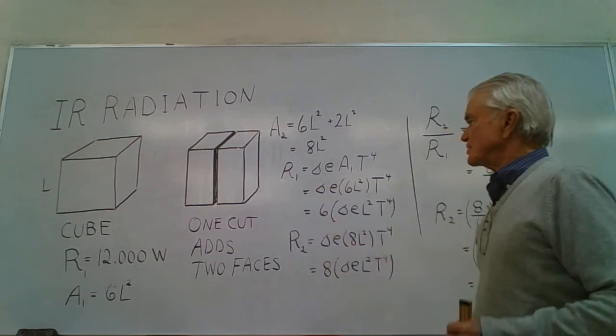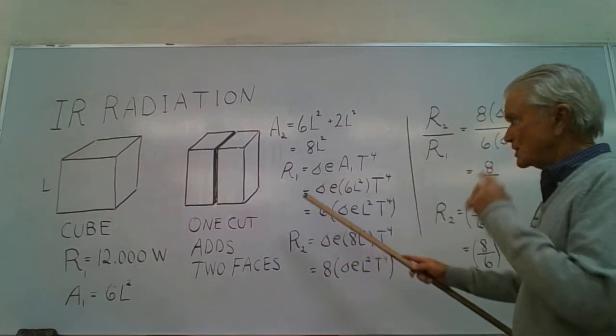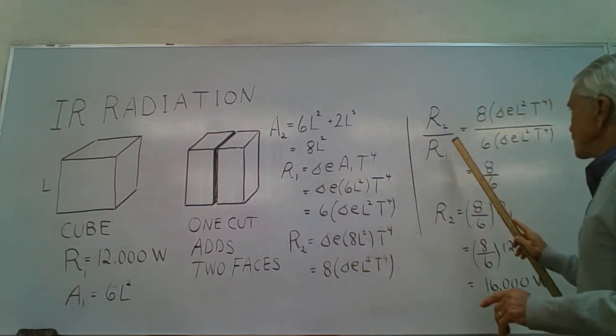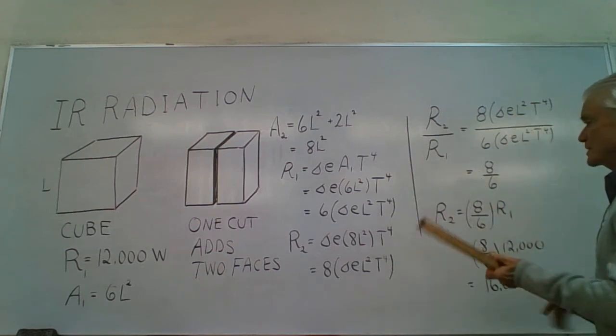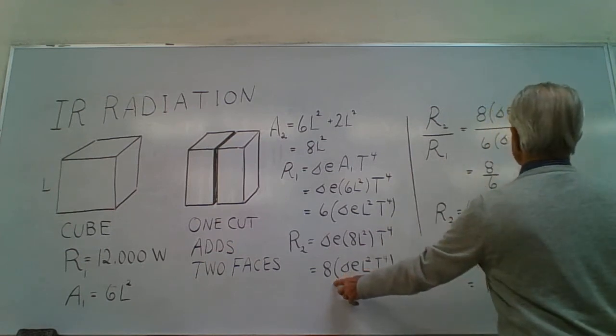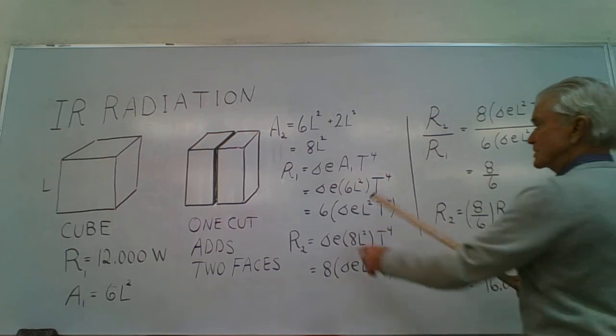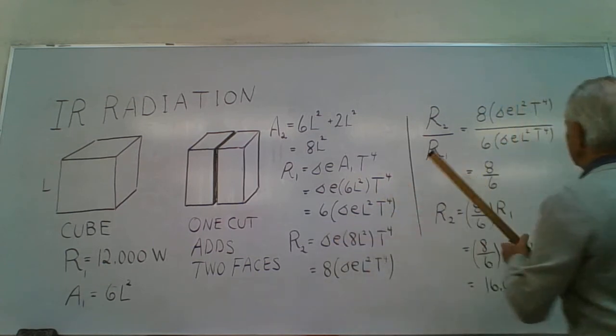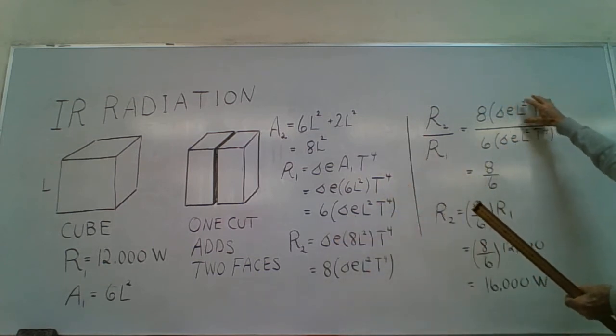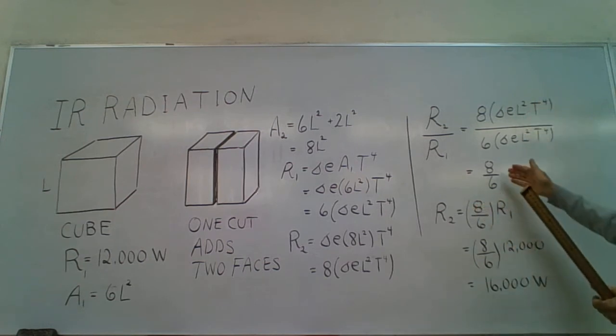Well, now let's construct the ratio of R2 to R1. R2 over R1. R2 is 8 times the parentheses. R1 is 6 times the parentheses. The parentheses are identical, and so they cancel, leaving behind the fraction 8/6.